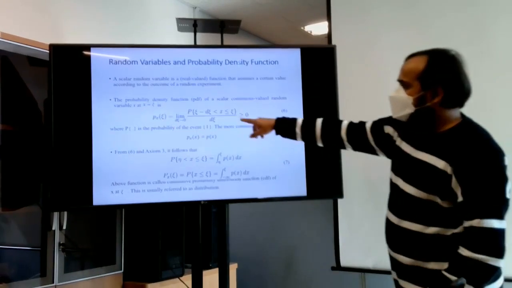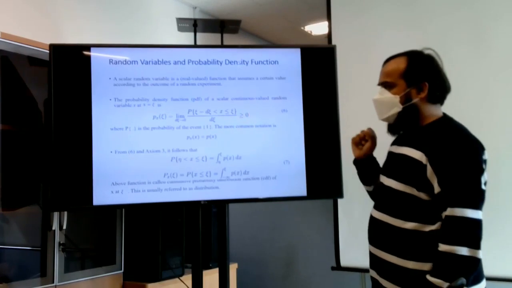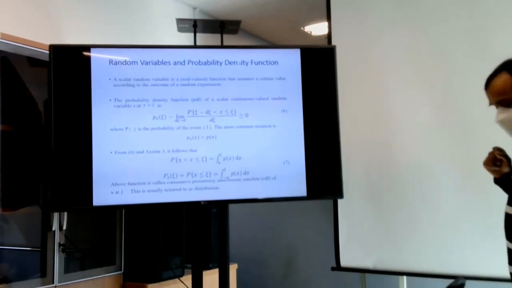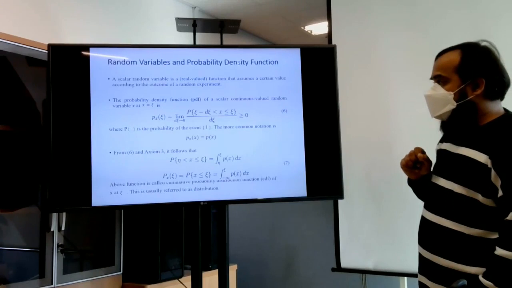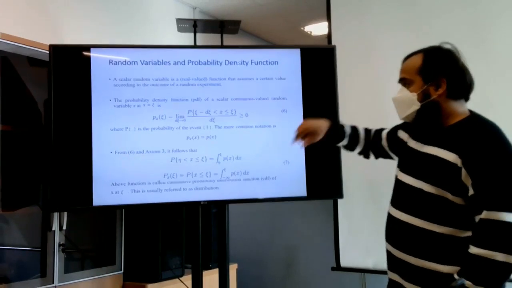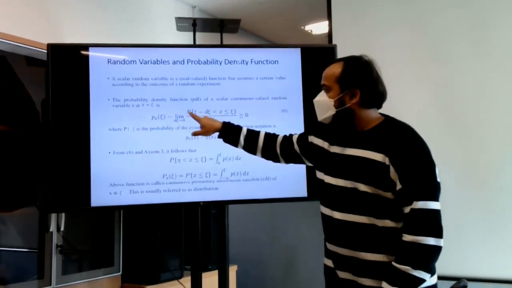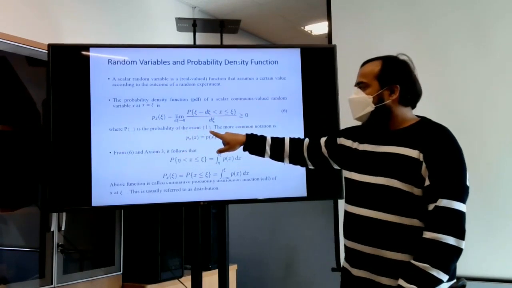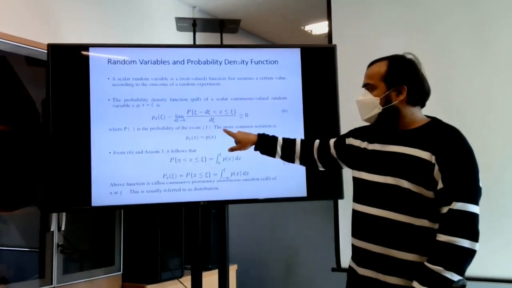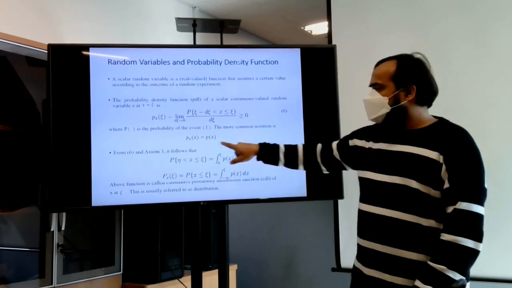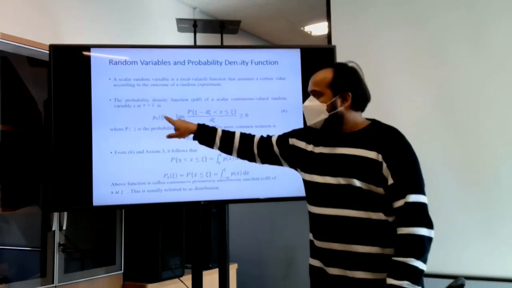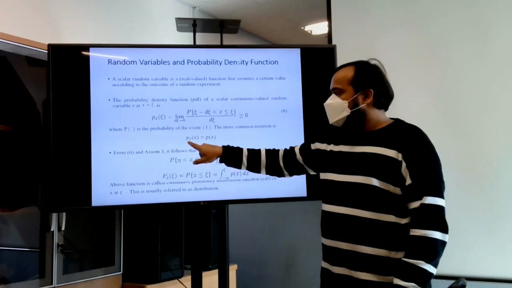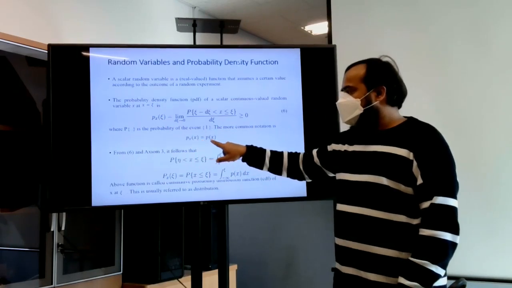So this must be greater than or equal to 0. The P here is the probability of the event. The more common notation for PDF is P of x.